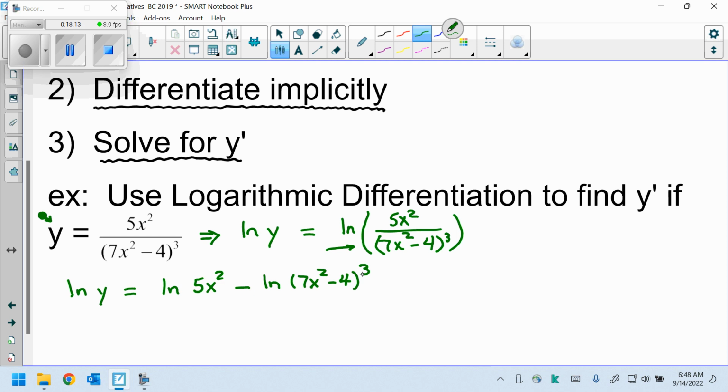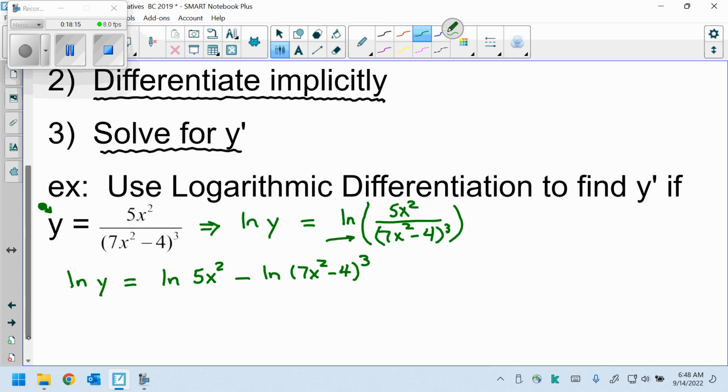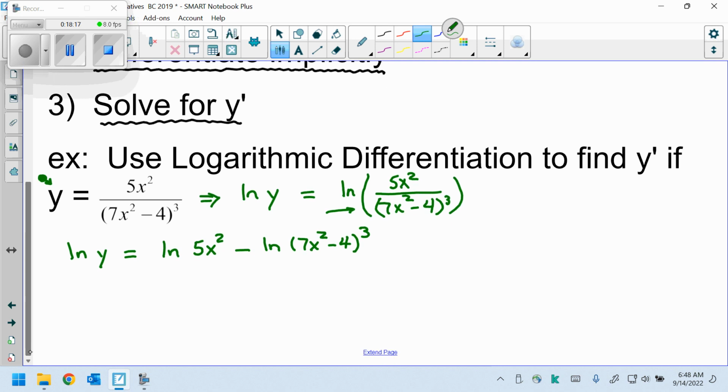Now, is there anything we can do with that? I mean, I can probably keep breaking this thing apart.